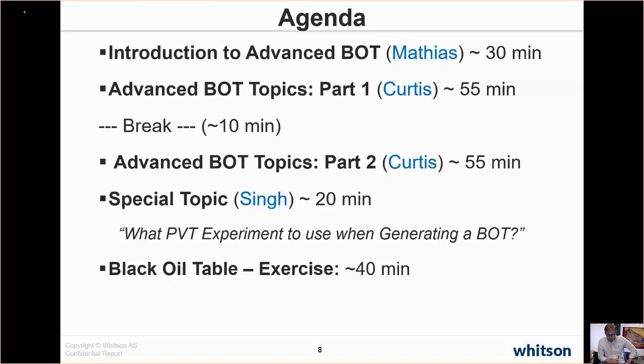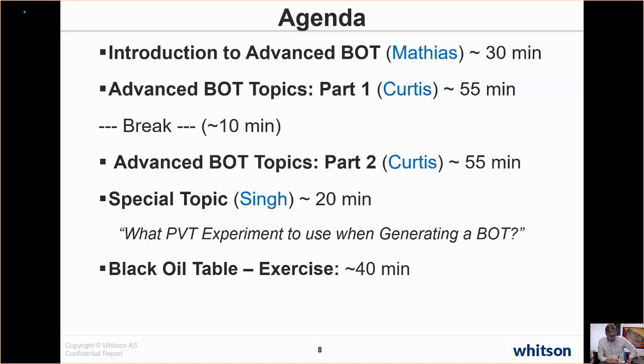And then Singh will have a special topic around what PVT experiment to actually use when you're generating a black oil table, which is a very relevant question that we get a lot, and where there's really no good answer documented in the technical literature as of right now.